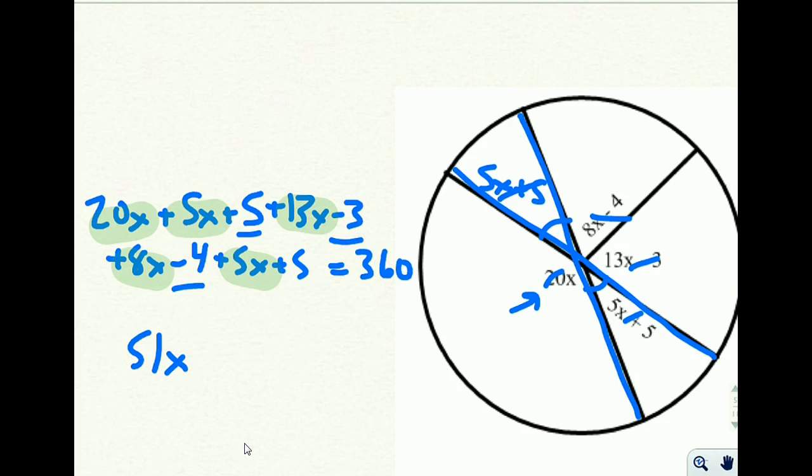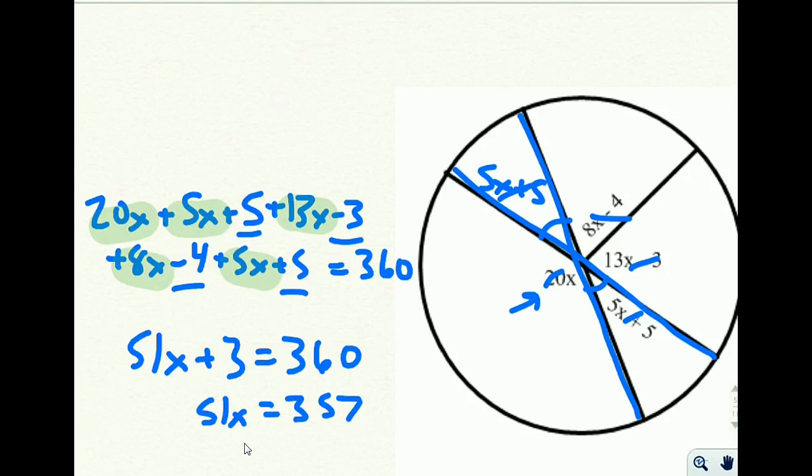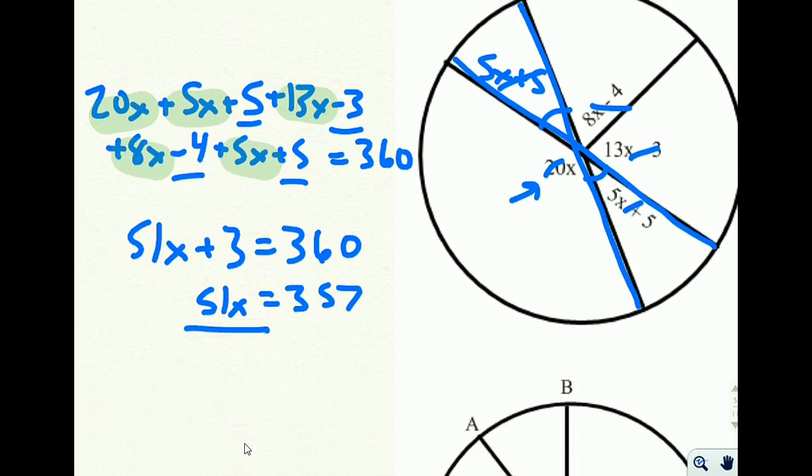Minus 4 would be negative 2, plus 5 would be positive 3. Still all equal to 360. Subtract 3 from both sides and we get 357 is equal to 51x. When you divide both sides by 51, we get x is equal to 7.